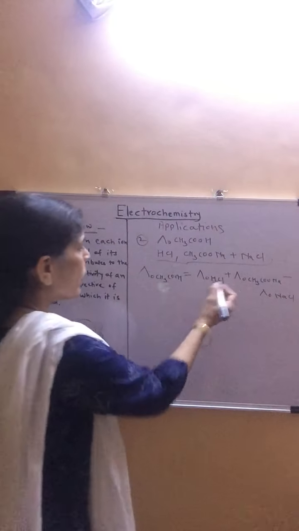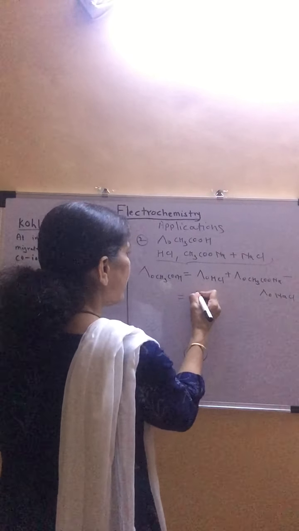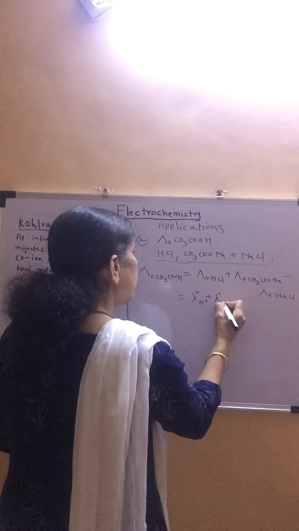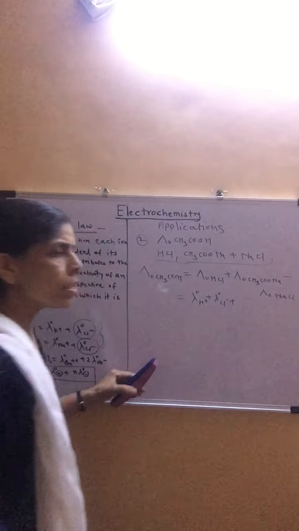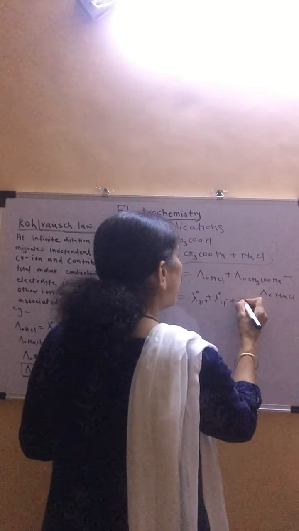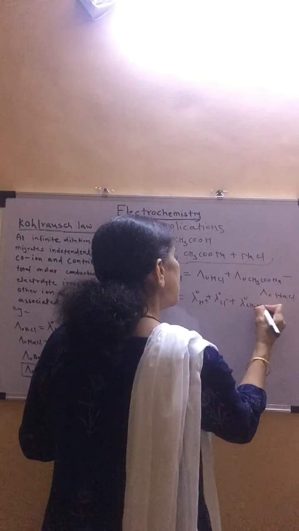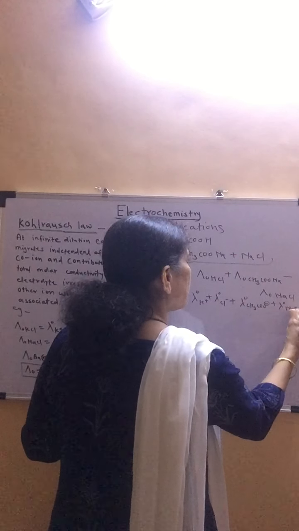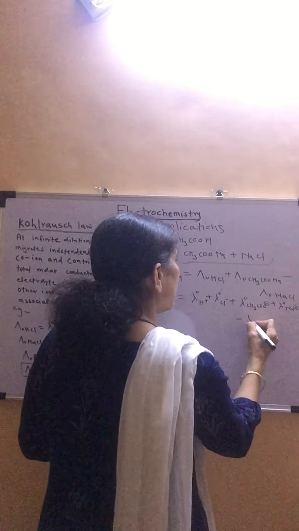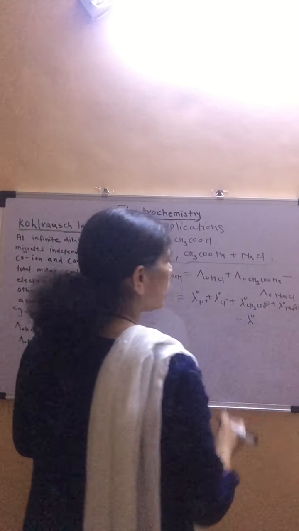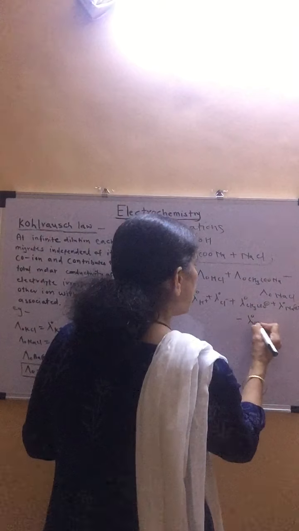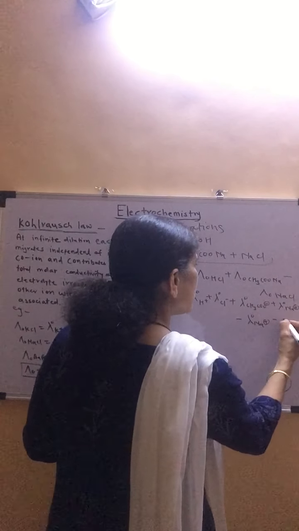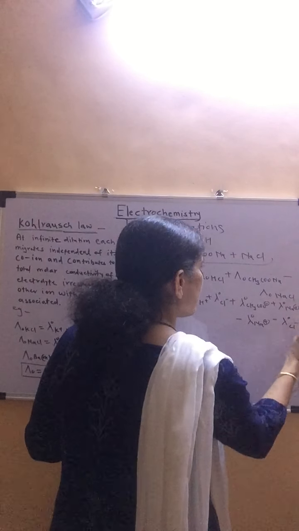Now lambda naught of HCl is nothing but lambda naught of H plus ion plus lambda naught of Cl minus ion. Lambda naught of CH3COONa, sodium acetate, is equal to lambda naught for CH3COO minus ions plus lambda naught for Na plus ions, and minus lambda naught of NaCl, which becomes minus lambda naught of Na plus minus lambda naught of Cl minus ions. See it carefully.